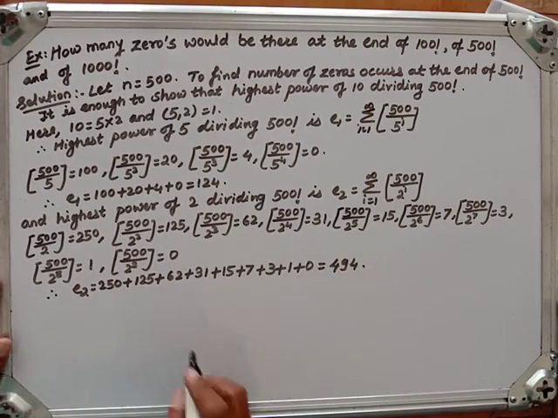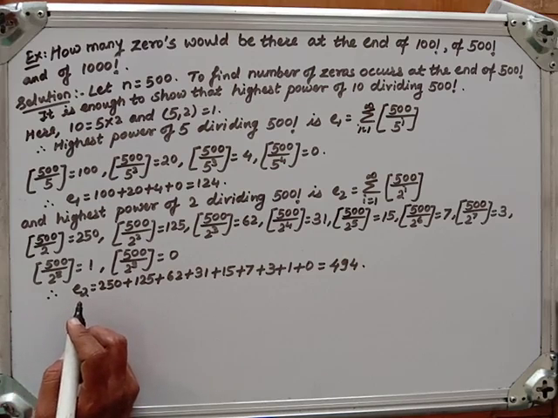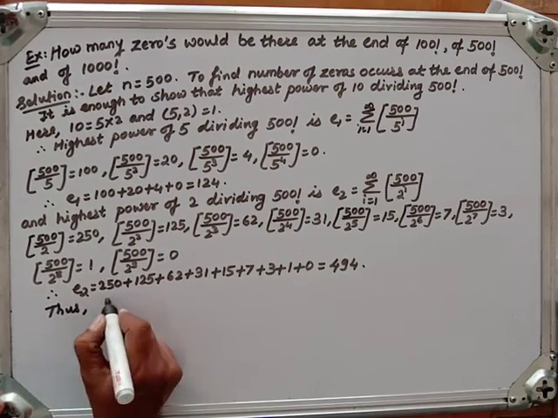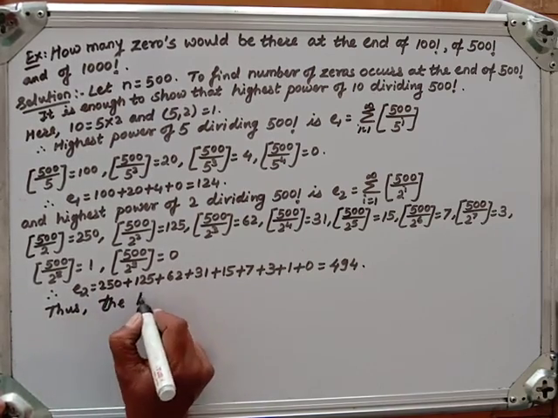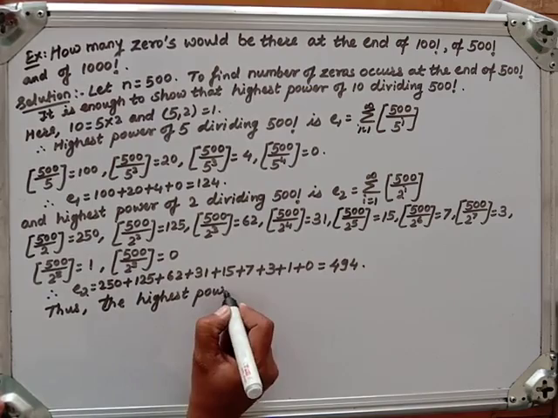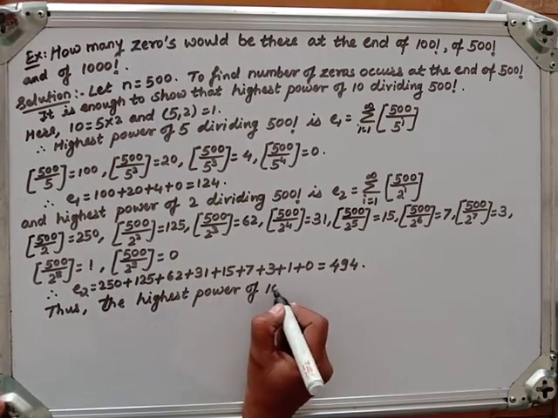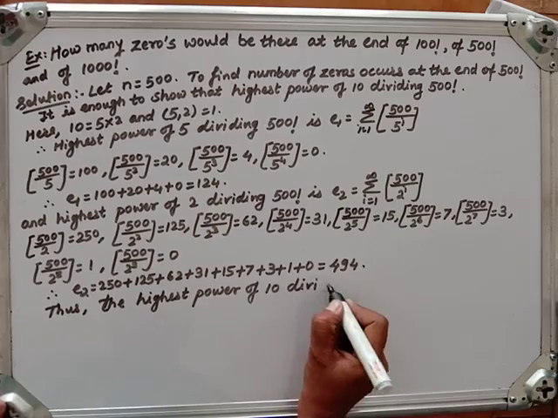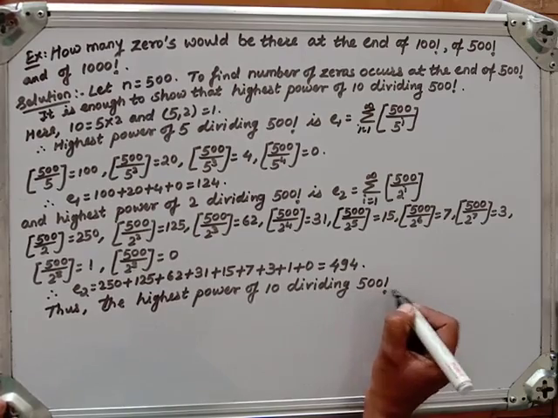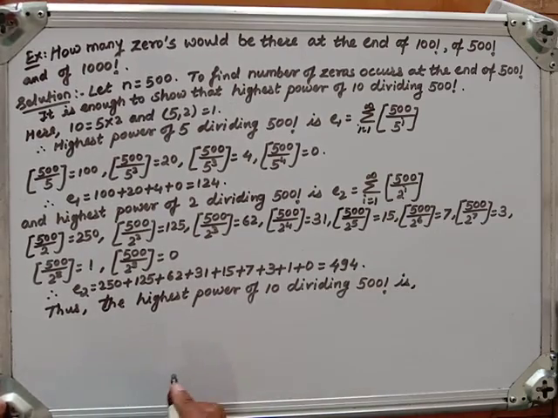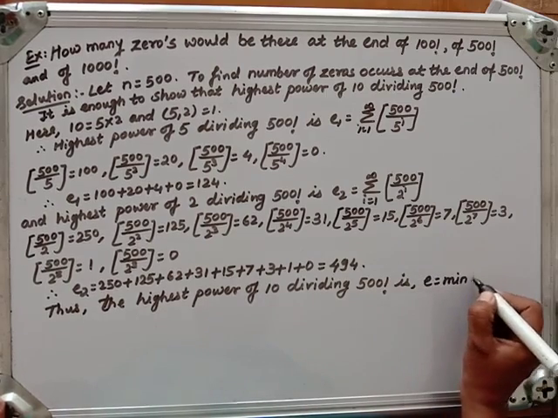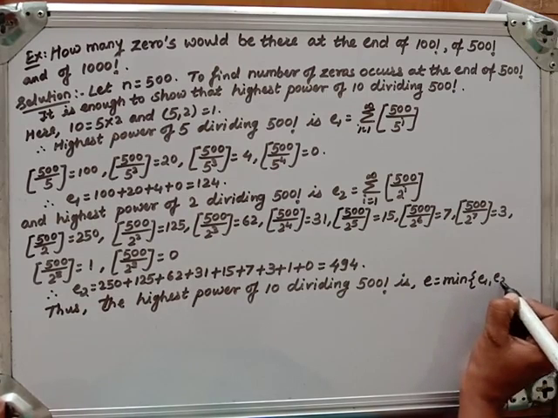494. Now from here we get thus the highest power of 10 dividing 500 factorial is E equal to minimum of E1, E2.